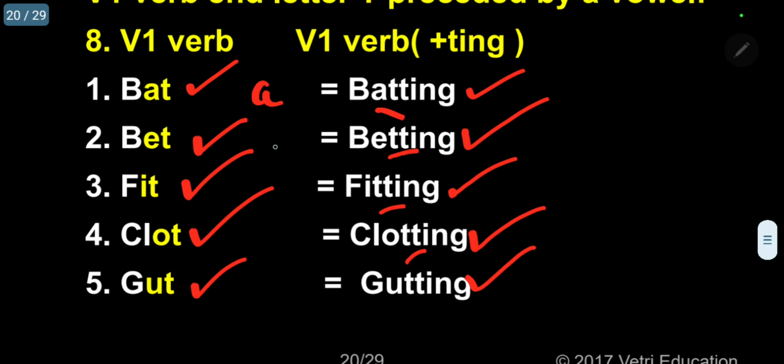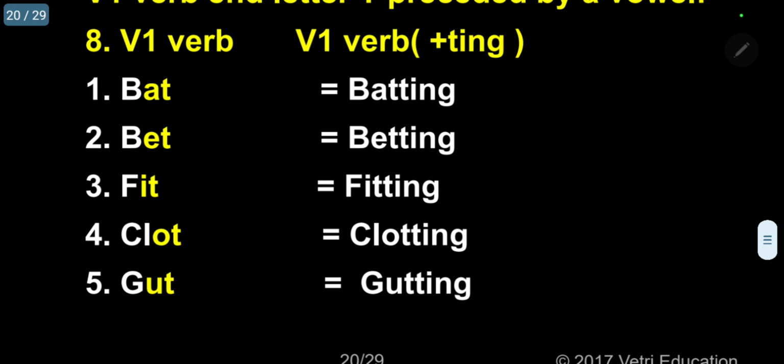Vowels A, E, I, O, U. Please follow. This is the basic idea. This you have to memorize. What to memorize? Whenever these nine letters come as the ending letter of the V1 verb, preceded by a vowel, that ending letter plus ing should be added. Keep it in mind, to form the simple past continuous sentence.